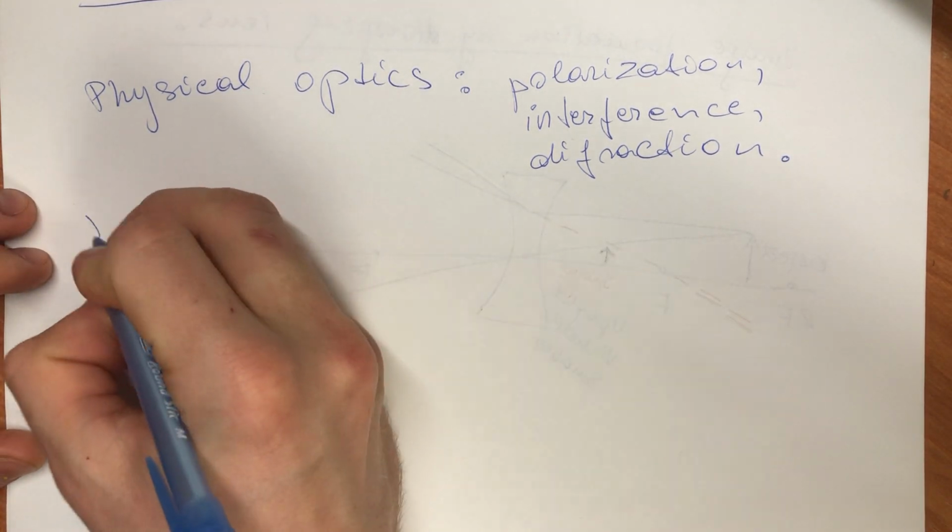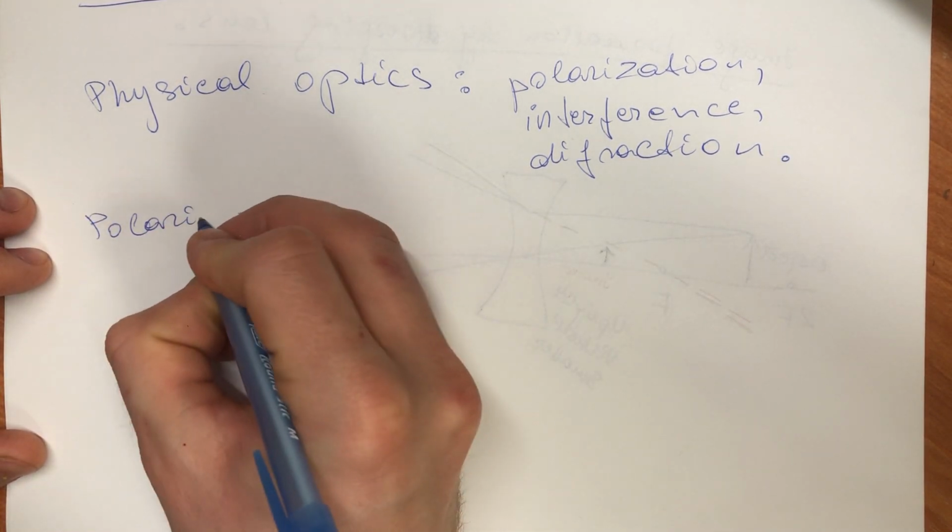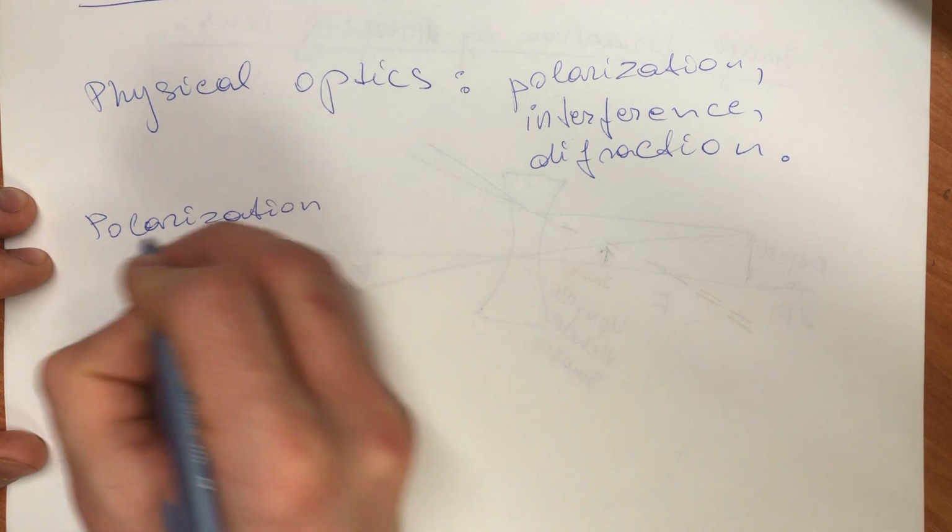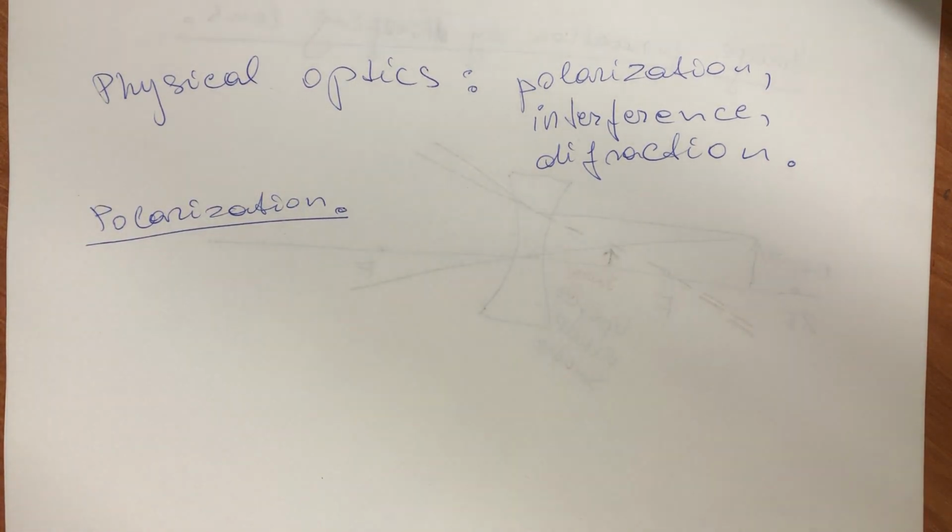So polarization is a property of transverse waves, and it specifies the direction of the plane that contains the oscillation relative to the direction of propagation.